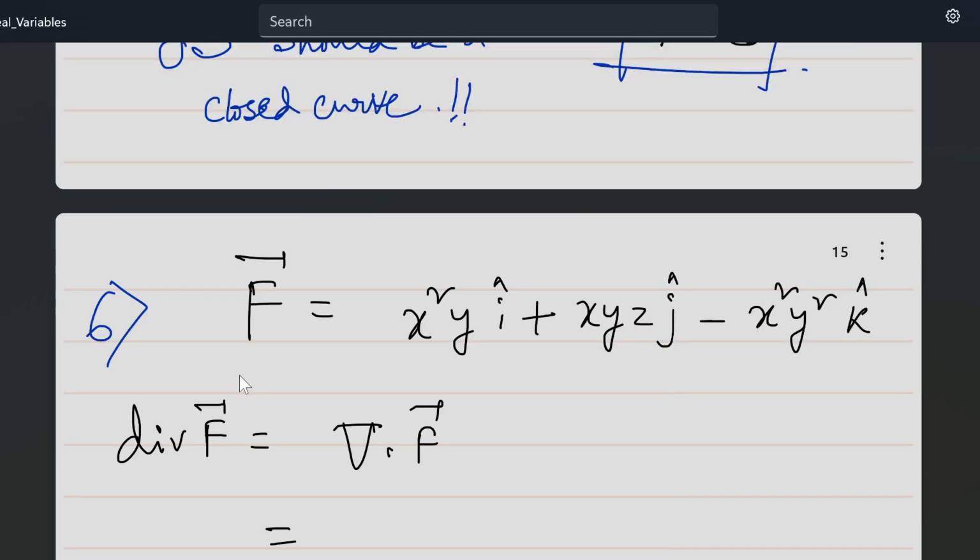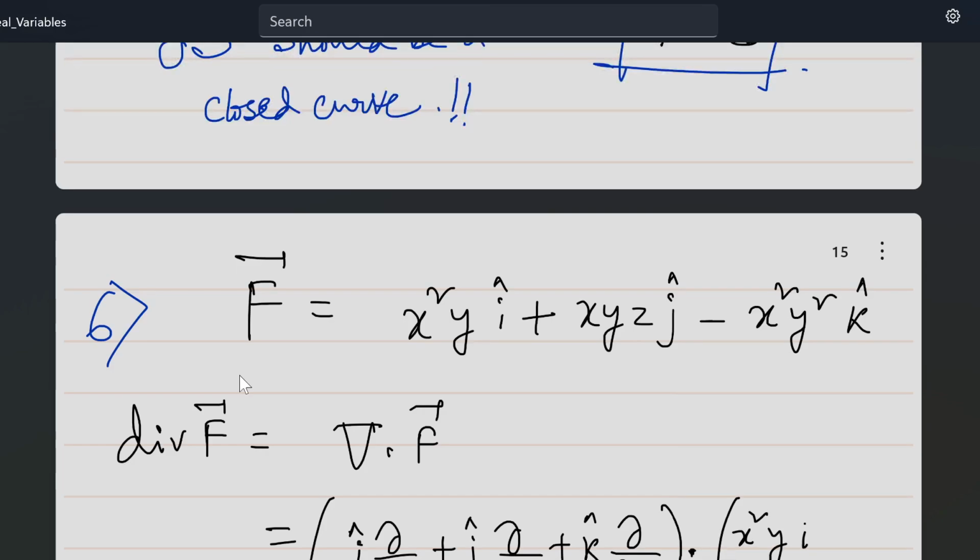Divergence of F is i del del x plus j del del y plus k del del z dot x square y i plus x y z j minus x square y square k.